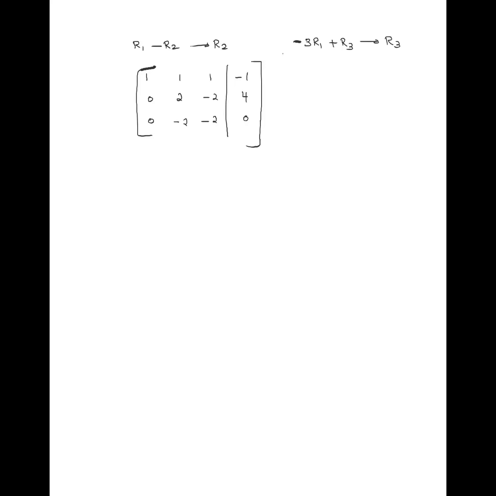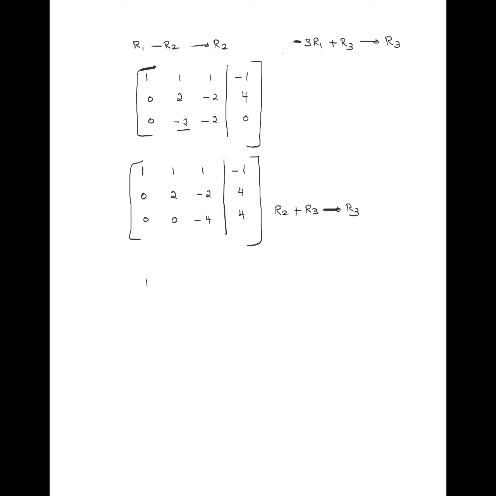We can divide the last one, R3, by... again, we have to make this one into 0. So we just add. So the operation, what I'm doing here is R2 plus R3 that goes to R3. Sorry, 0, negative 4, 4.